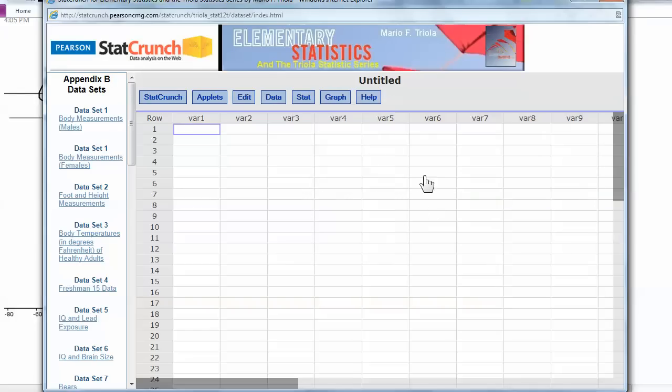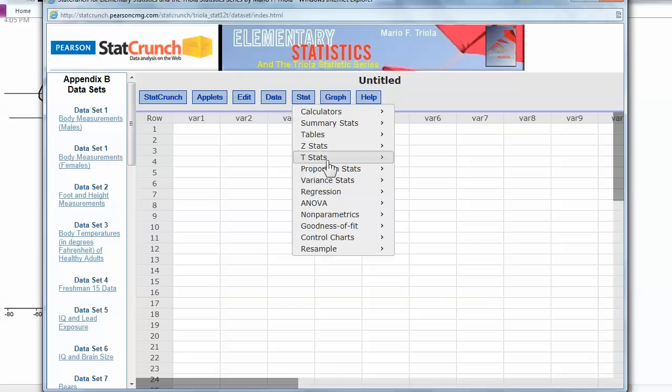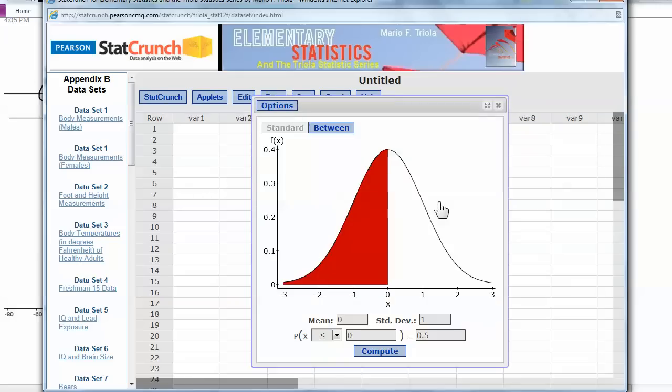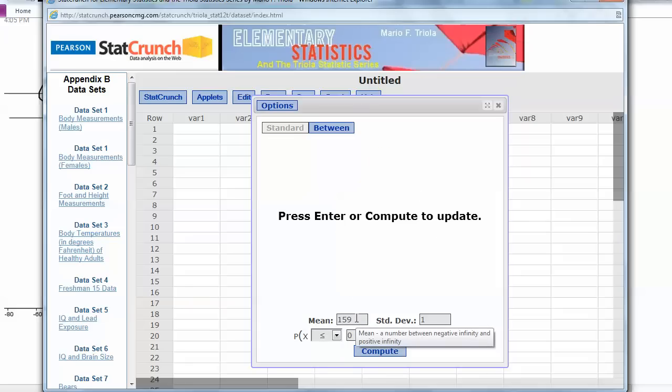Remember how sometimes it's kind of temperamental, and you have to click on some sort of cell. Okay, you go Stat, Calculator, and I'm going to choose a normal distribution where the mean is 159 and the standard deviation is 33.1.